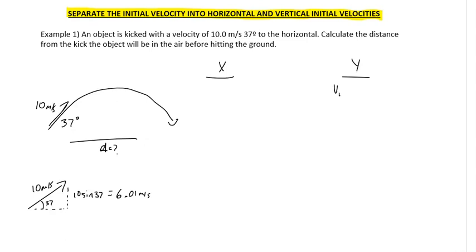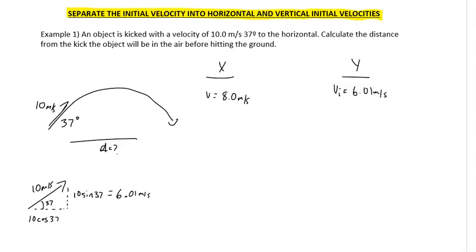Got an initial velocity of 6.01 meters per second. And here this is 10 cos 37. Will get us the velocity. Notice I'm not saying initial velocity, just the velocity, in the x direction, and that's going to be 8.0 meters per second. Really, this is a two-digit question. I should say 6.0 and 8.0.